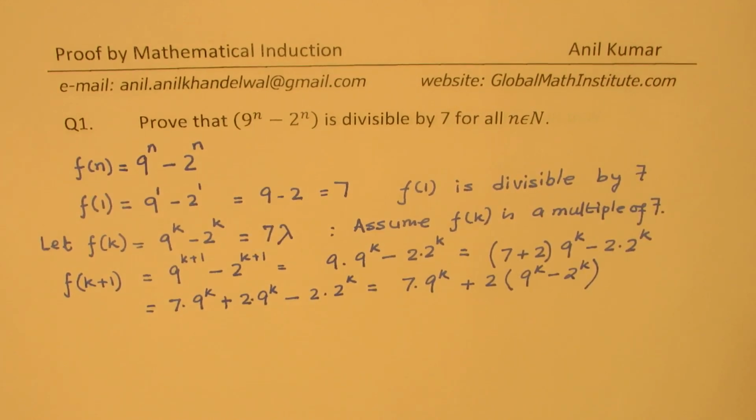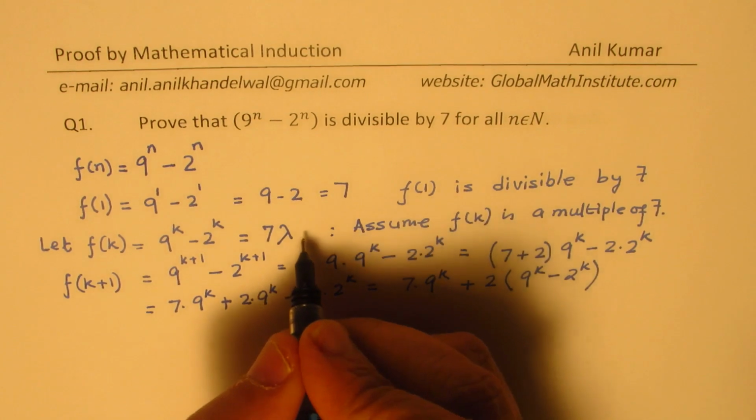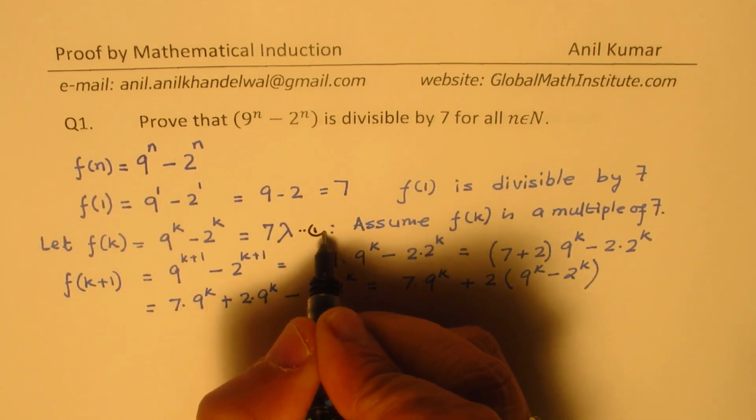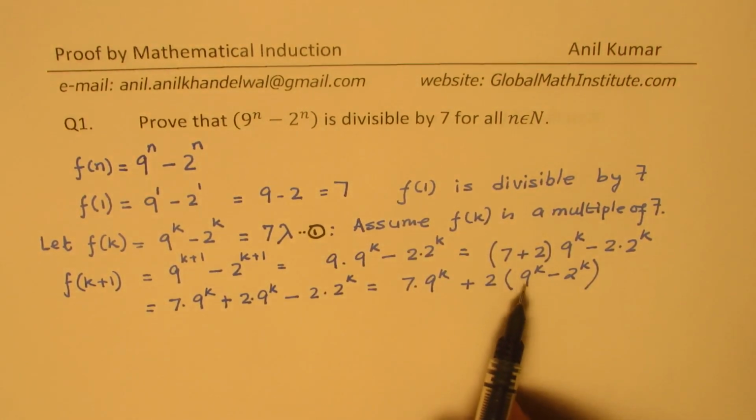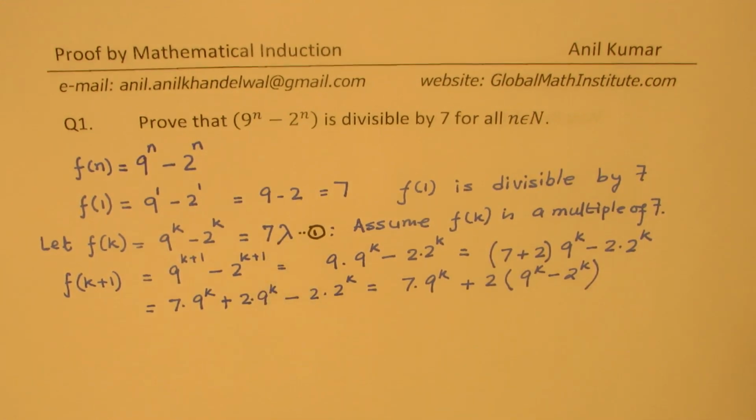Now we had already assumed that 9 to the power of k minus 2 to the power of k is 7 times lambda, right? So we'll call this our equation number 1. So we can replace 9 to the power of k minus 2 to the power of k with 7 lambda.